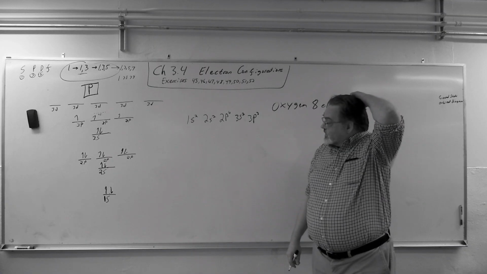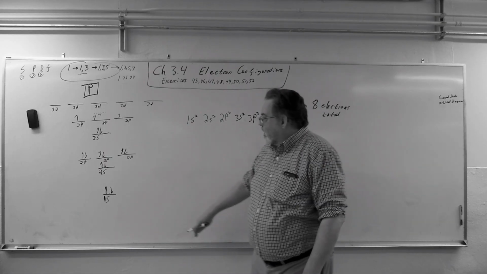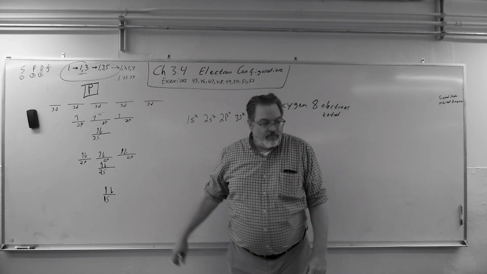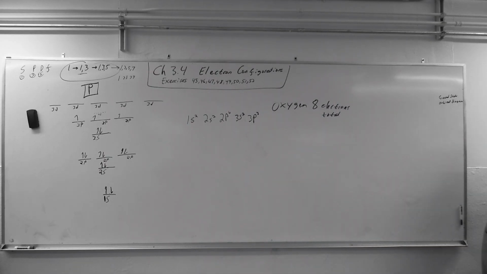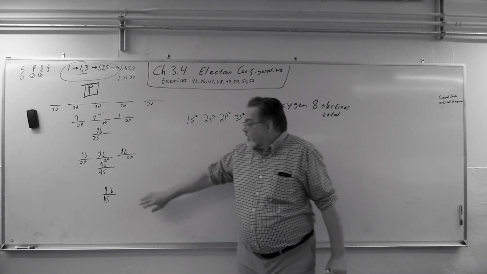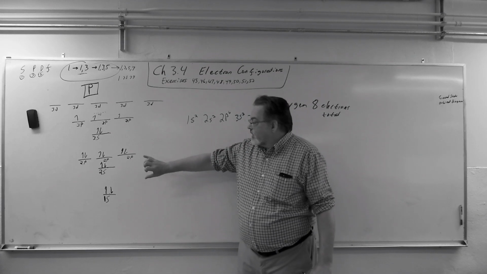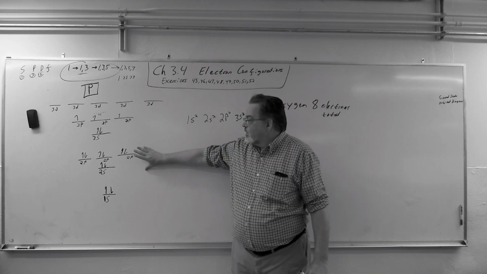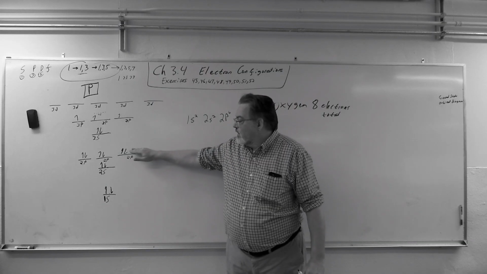Another way we can represent this is, if I did the electron configuration of, say, neon, we would fill this, and then we would fill this, and that's where we would stop. There wouldn't be any electrons up here.